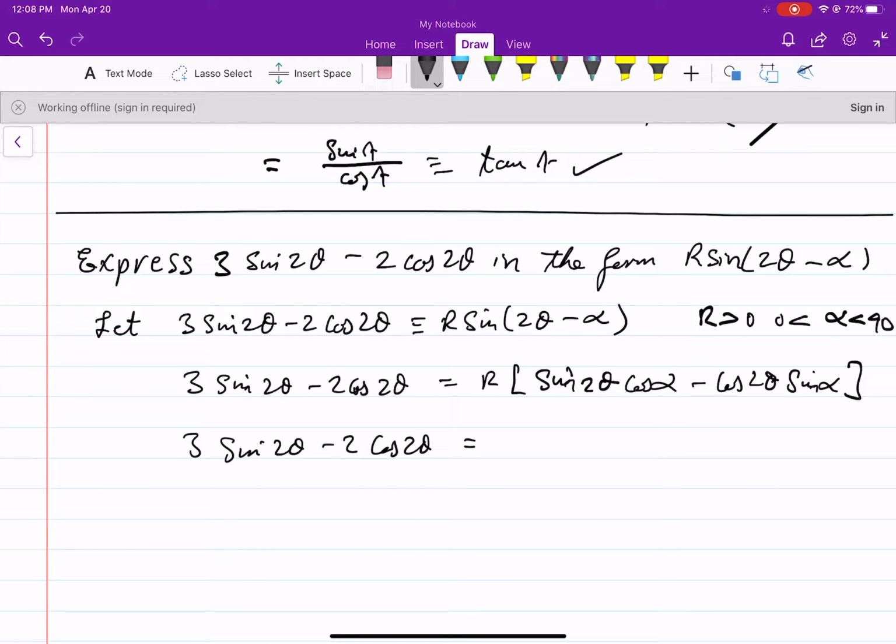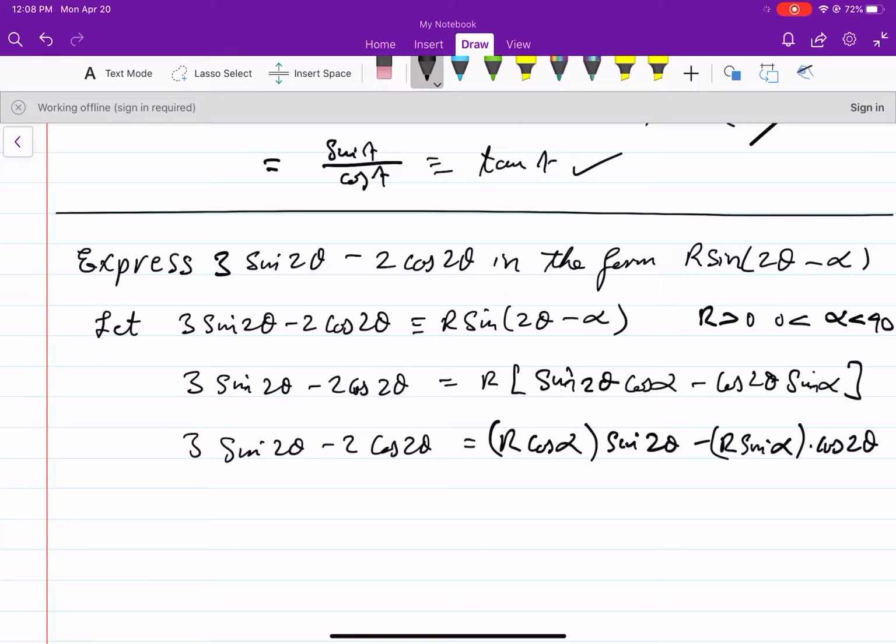Right, let's continue. R and alpha are constants that we're going to find. So we're going to put the constant parts together. This becomes r cos alpha all times sine 2 theta minus r sine alpha times cos 2 theta.